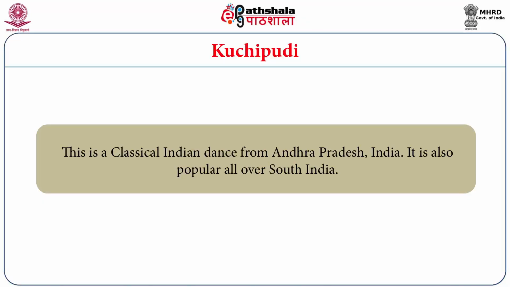Now we move on to another important classical dance form of India, that is the divine art form Kuchipudi. This is a classical Indian dance from Andhra Pradesh. It is also popular all over South India. Now it has spread all over the world.